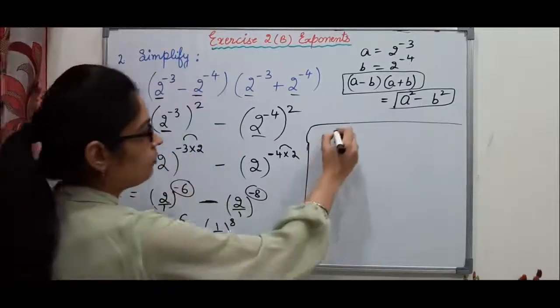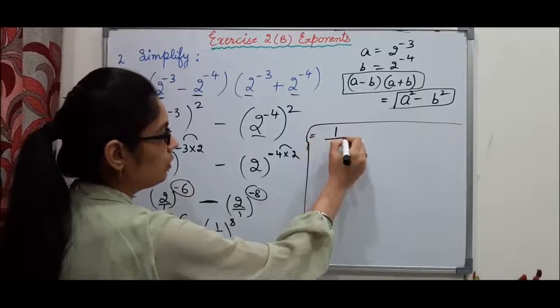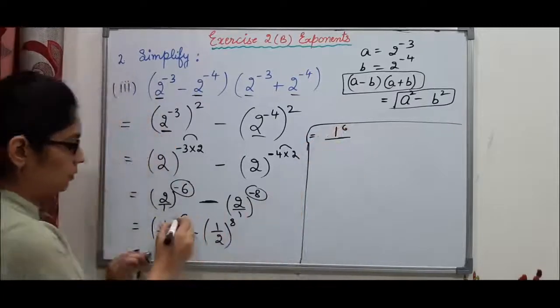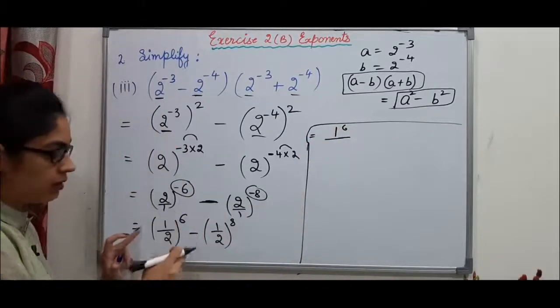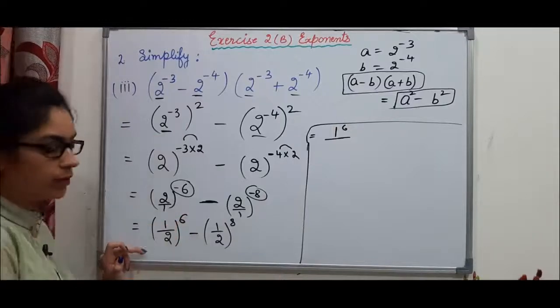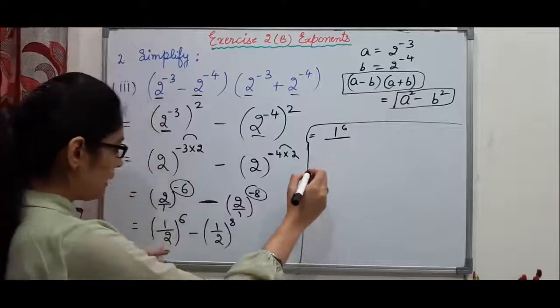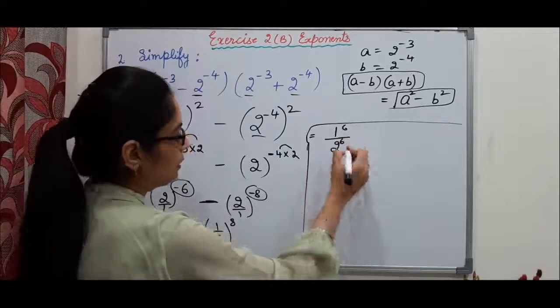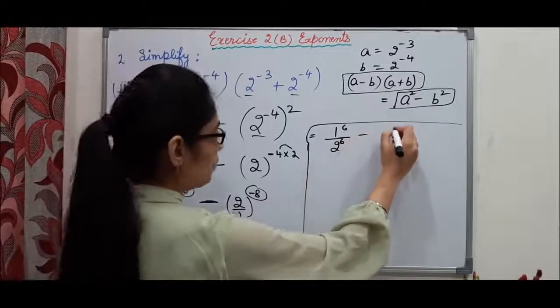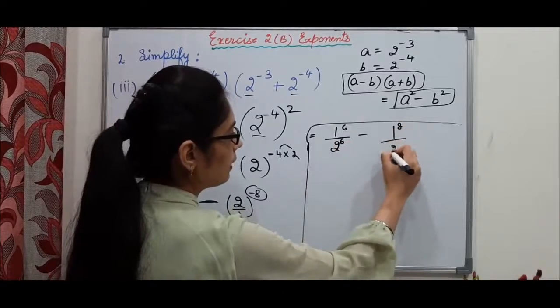Now I can also write this as 1 to the power 6, because when the whole bracket is there, the power is with the numerator and also with the denominator. So I can write 1 to the power 6 and 2 to the power 6, minus, same way, 1 to the power 8 and 2 to the power 8.